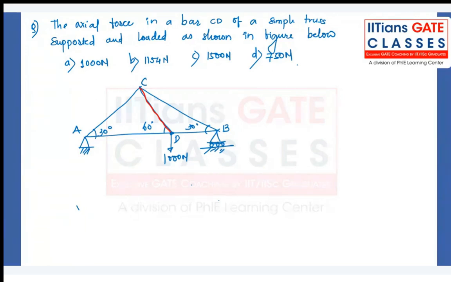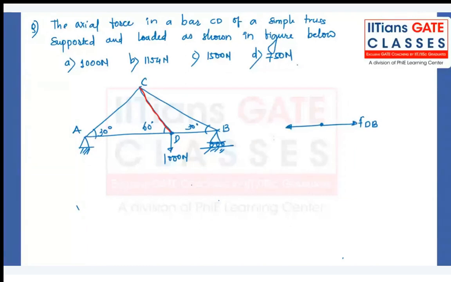So if I take joint D, how will the free body diagram look? Let's say FDB, and then this is FDA.